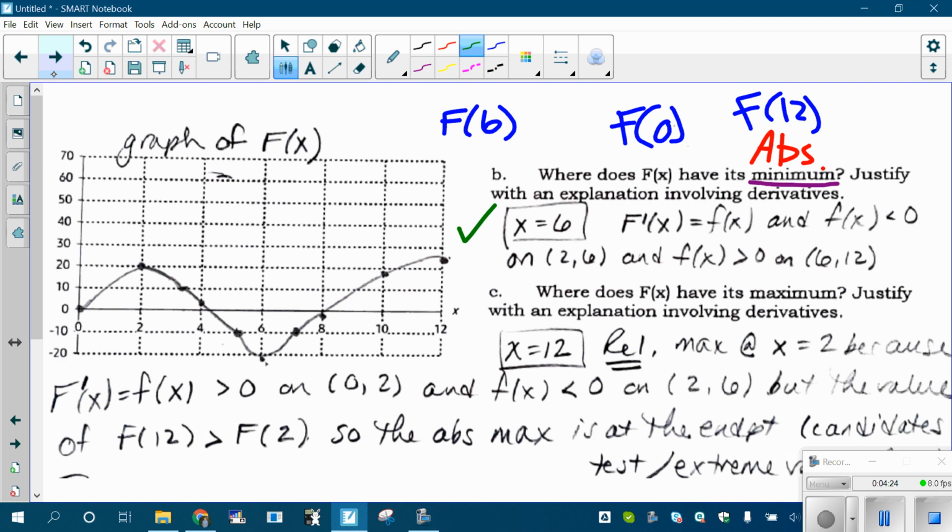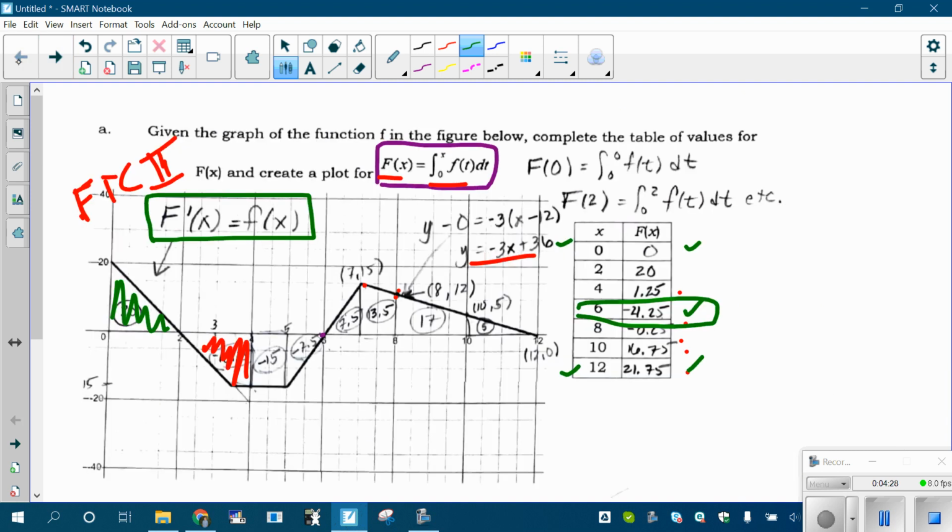Similar logic for C. When does f have its maximum? Now you can think about this in terms of the accumulator function itself and kind of figure this out. I want to do the derivative explanation, but I just want to walk through this with you to make sure we're cool. If you think about the accumulator and when it has its maximum, well, I'm getting bigger, bigger, bigger.